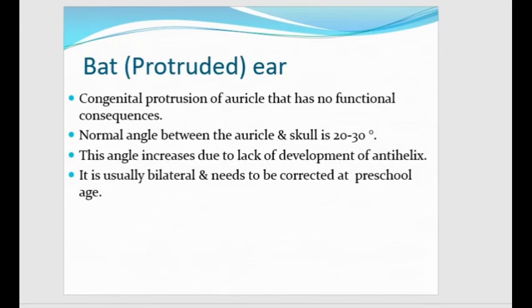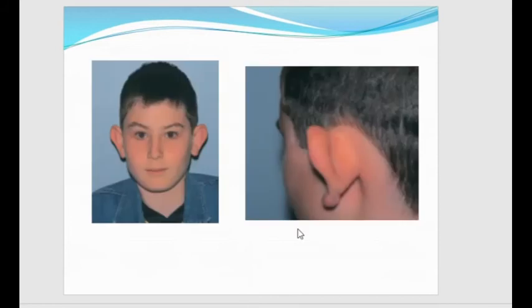Now, there are some congenital anomalies affecting the auricle. One of them is the bat ear, or protruded ear. We said the auricle is attached to the side of the skull by ligaments and muscle. The angle between the auricle and the skull should not exceed 30 degrees.